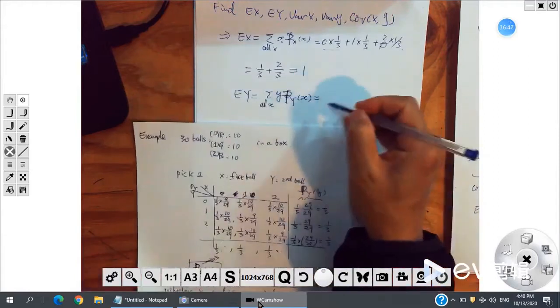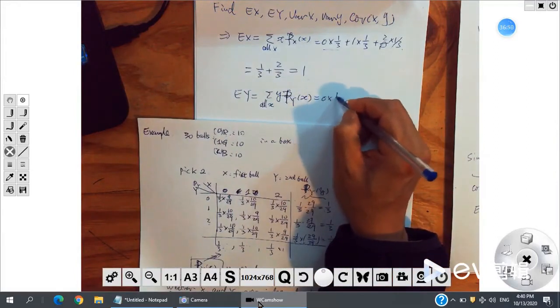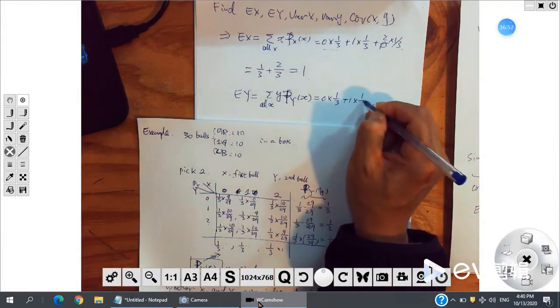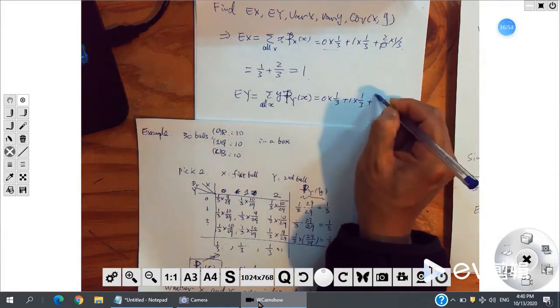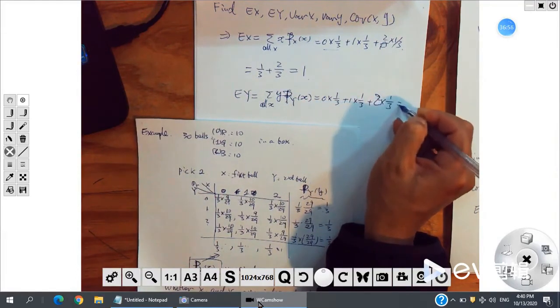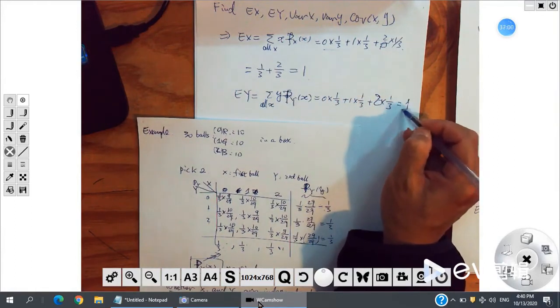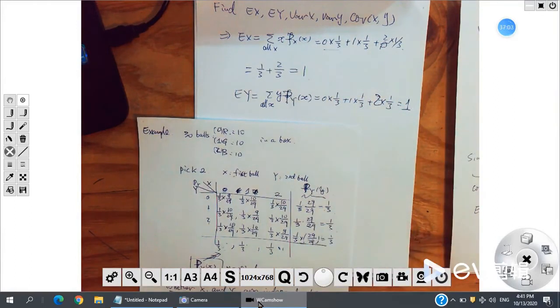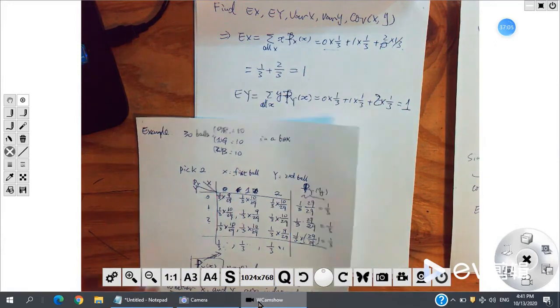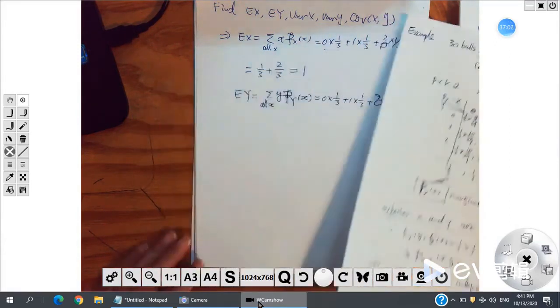So it is 0 times 1/3 plus 1 times 1/3 plus 2 times 1/3. So this is 1/3 and 2/3. It is 1, still 1. That's EX and EY.